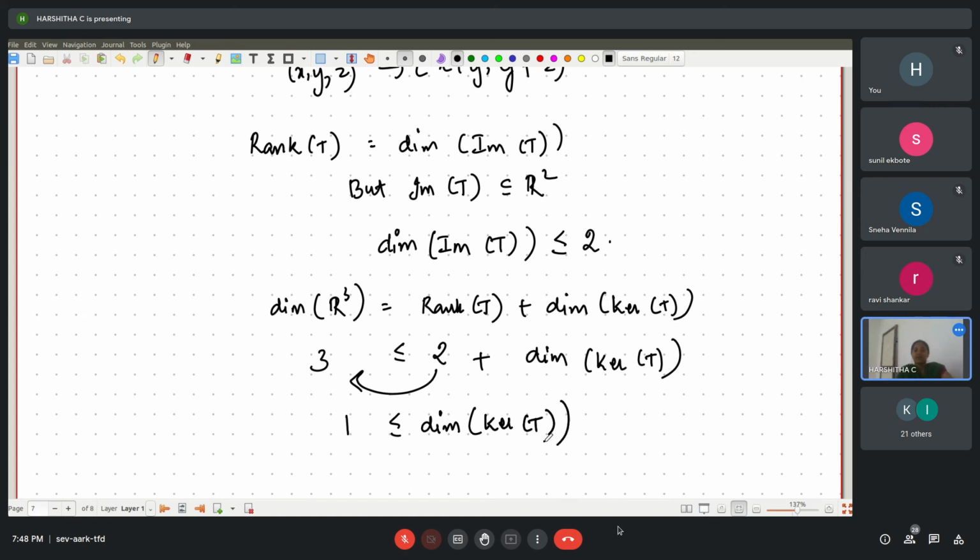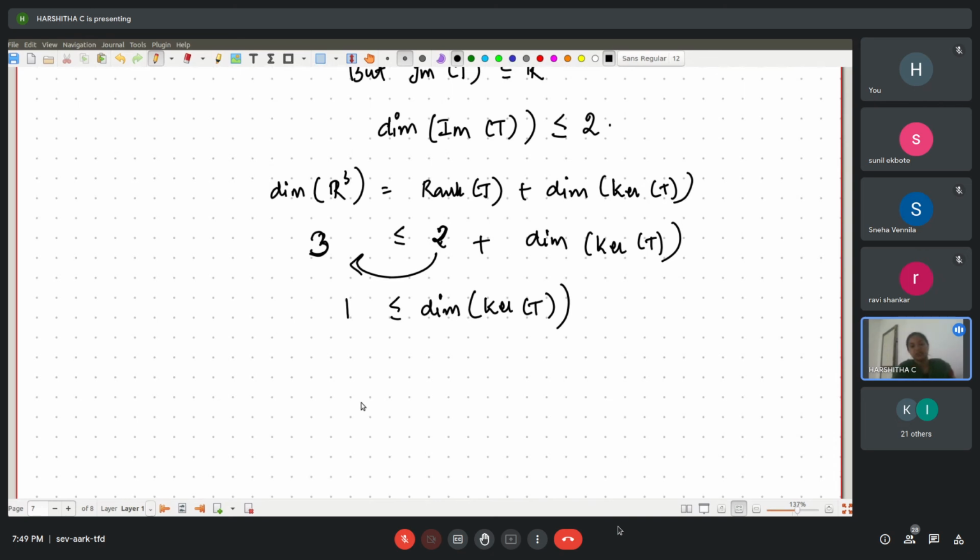So it doesn't matter what your transformation is. Why did this happen? Because this image of T is lying in a space whose dimension is less than the domain, right? We have a 3 here and this 2 here, which is a smaller number than 3, so dimension of kernel of T is turning out to be greater than or equal to 1. So we have actually shown something.